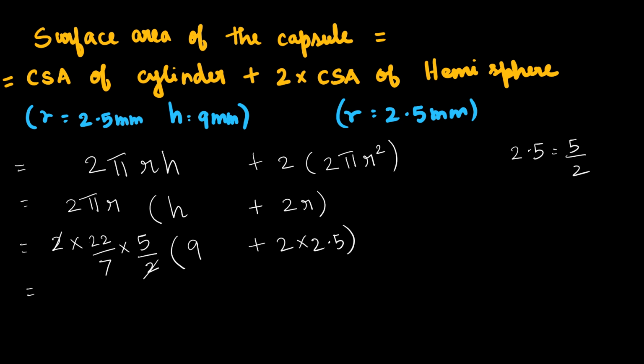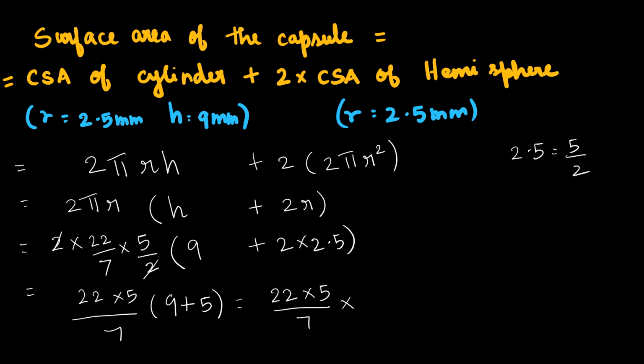Now what is remaining? 22 into 5 by 7 into 9 plus 2 into 2.5, which is 5. So 22 into 5 by 7 into 9 plus 5, which is 14. 7 twos are 14. So 22 into 5 twos are 10. 22 into 10 is 220 millimeter square, because it is in millimeter. So it is millimeter square.